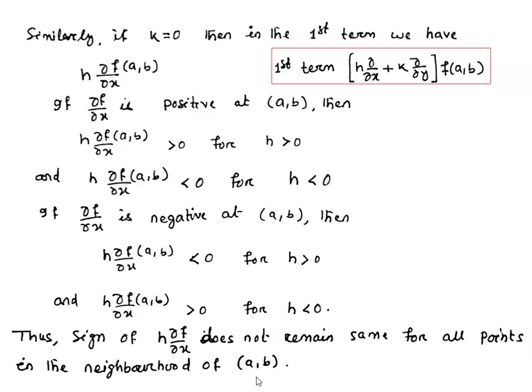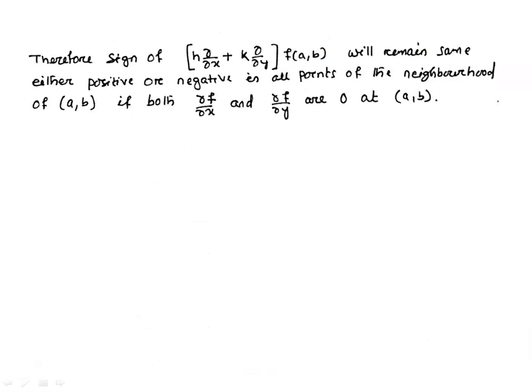So the first term of the difference Δf doesn't decide the sign of the difference, because for a neighborhood point, this h ∂/∂x plus k ∂/∂y is changing its sign. So the sign of the difference Δf will depend upon the next leading term.